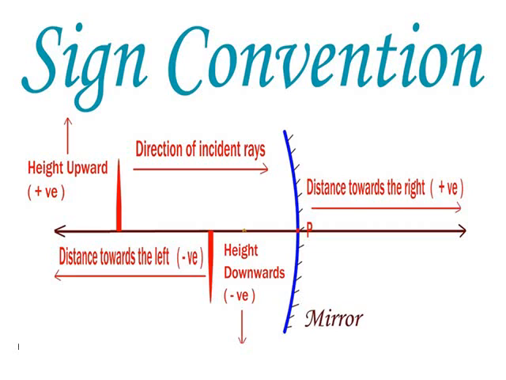And on the right side of P, distances towards the right are to be taken as positive. And you see the principal axis, you find an upward red color line. So distances which are above the principal axis are measured positive, and distances which are below the principal axis are measured as negative.